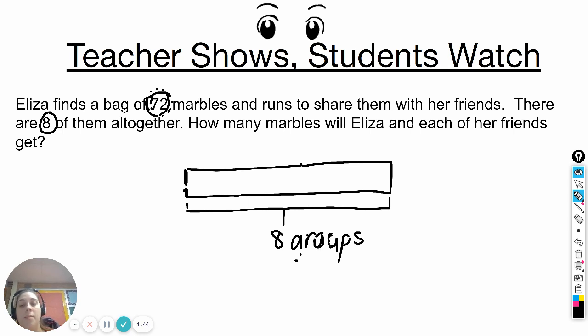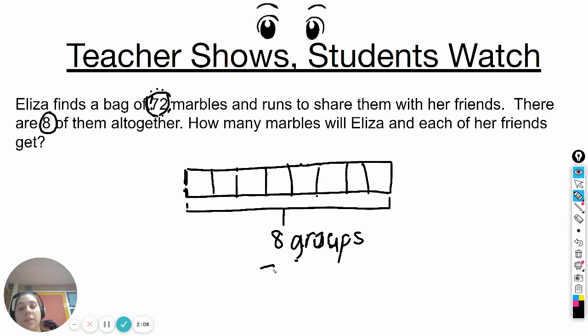All right, so there's 8 groups, so we're going to split this tape diagram into 8 pieces. 1, 2, 3, 4, 5, 6, 7, 8. And double check. 1, 2, 3, 4, 5, 6, 7, 8.